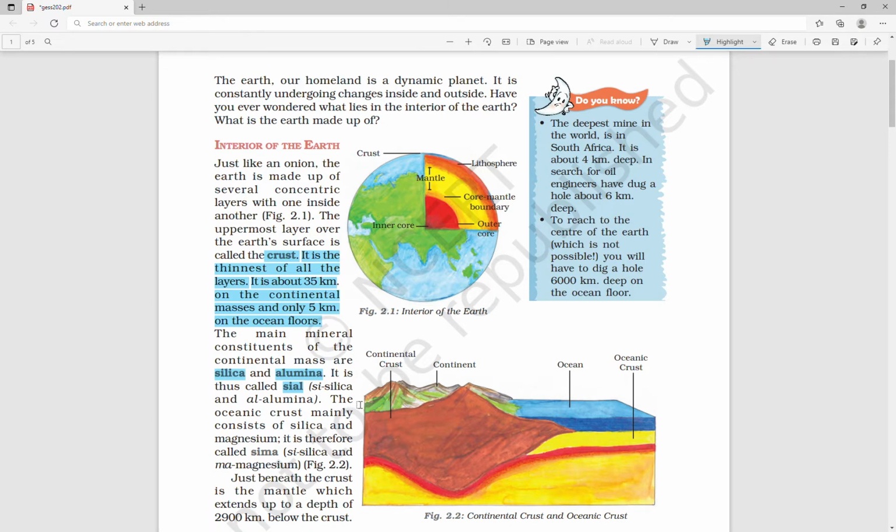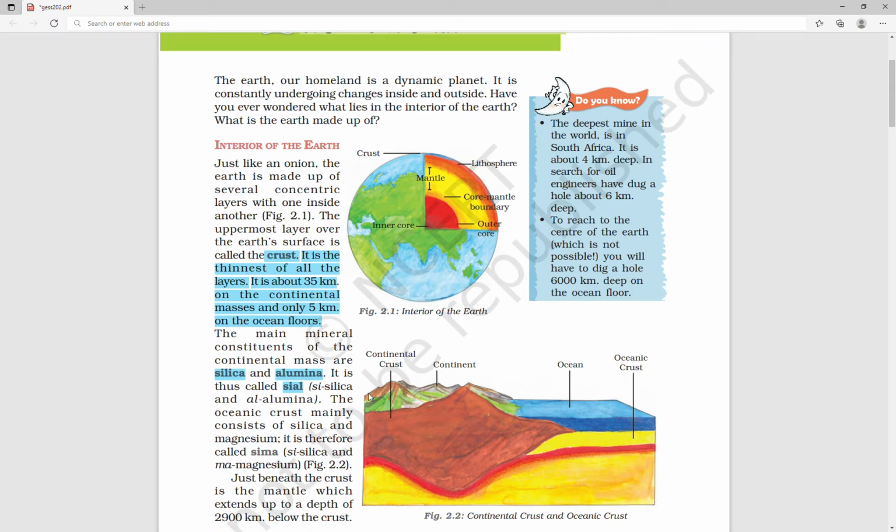The oceanic crust mainly consists of silica and magnesium. The oceanic crust means we have the ocean. That crust mainly consists of silica and magnesium.